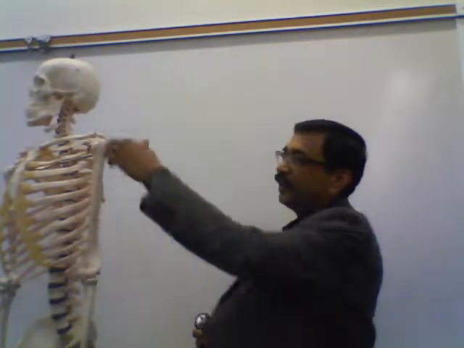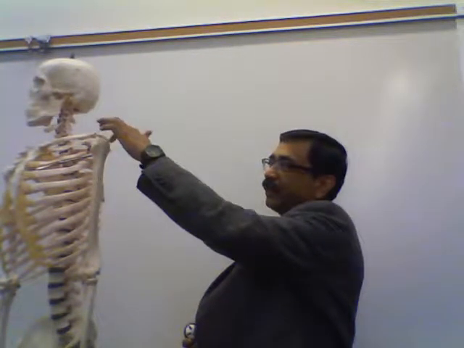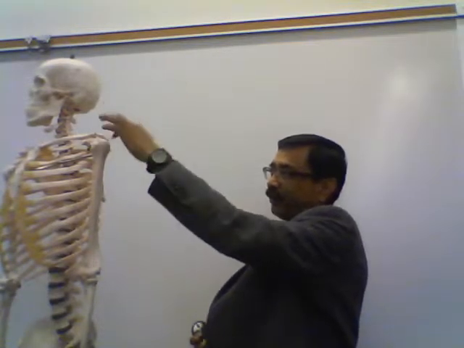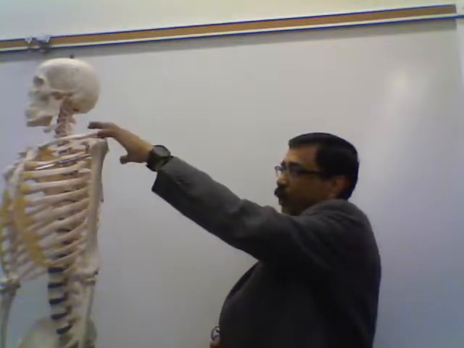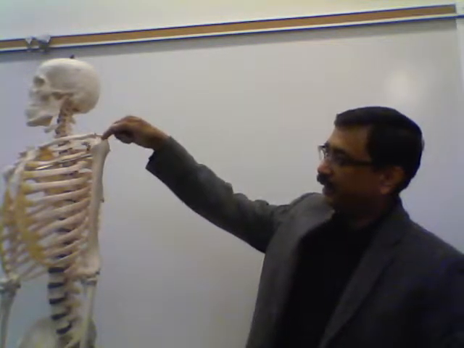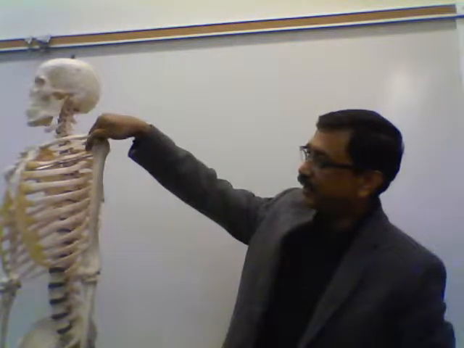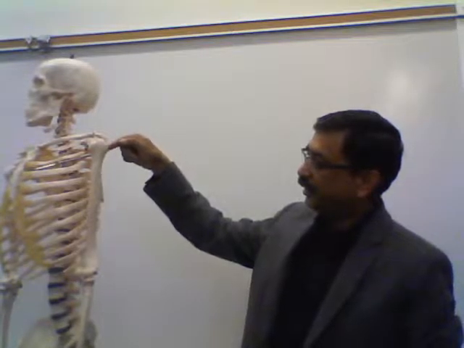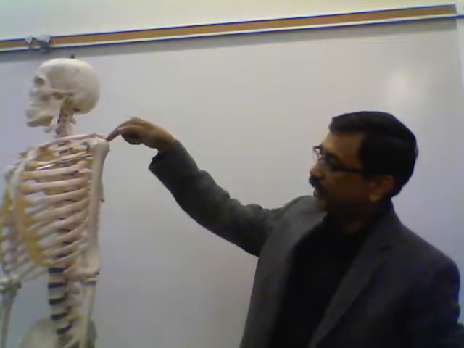Okay. In the upper end, you have a head. This is the head of the humerus, and that fits in the glenoid cavity that I mentioned to form the shoulder joint. Then around the head, you see here, just around the head, this is the anatomical neck.